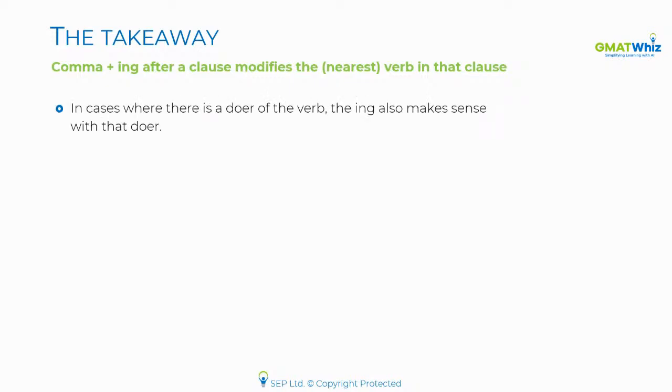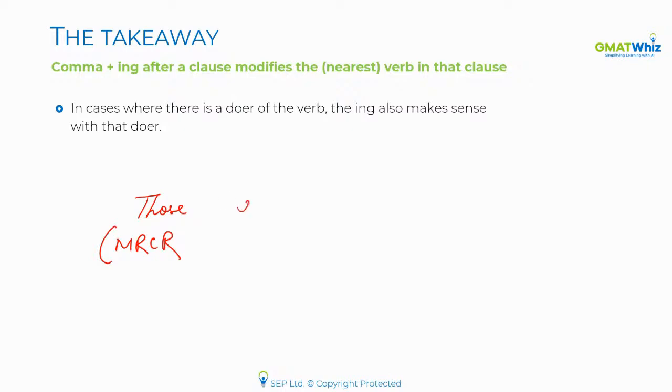What is the takeaway here? The takeaway is, if you have a comma plus ing after a clause, the comma plus ing after a clause modifies the nearest verb in that clause. And in cases where there is a doer of the verb, the ing also makes sense with that doer, right? For example, here we had those, right? So those referred to magnetic resonance cooking ranges.